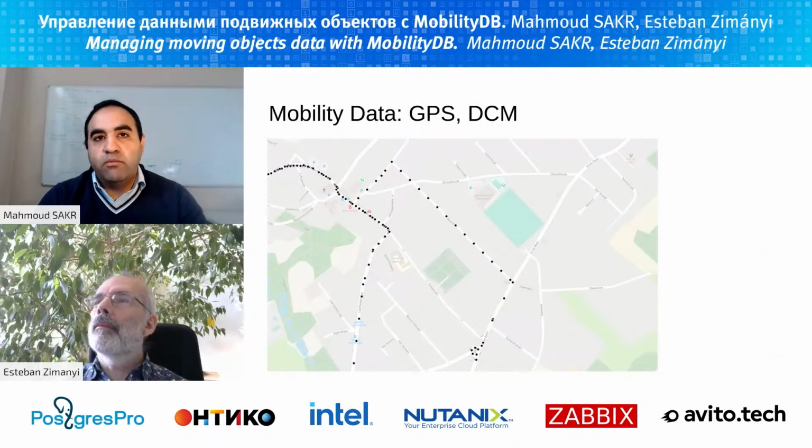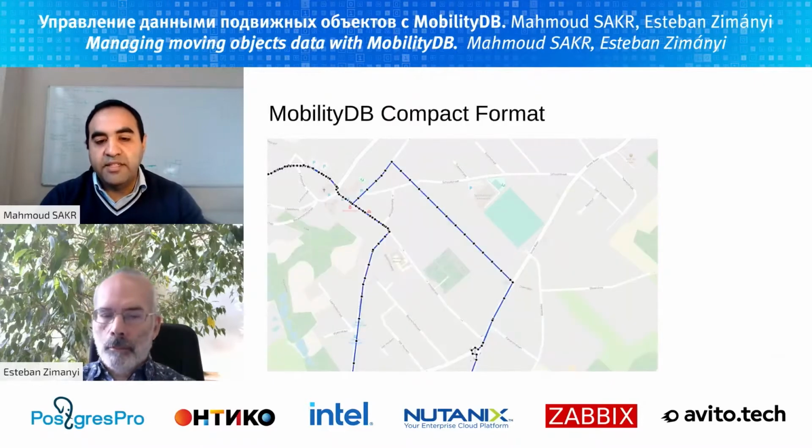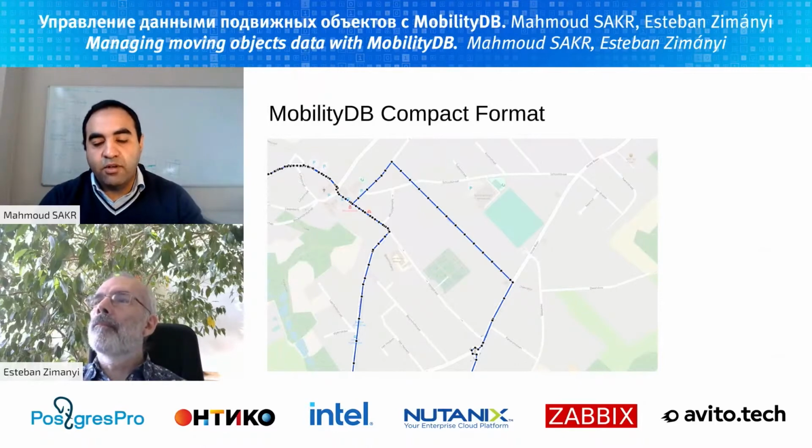But we know that the mobility in the physics, it's a continuous phenomena. And that's what MobilityDB does. It puts back the continuity to the data. So it understands that the object didn't do jumps, the object rather went continuously, and it interpolates back between the points.